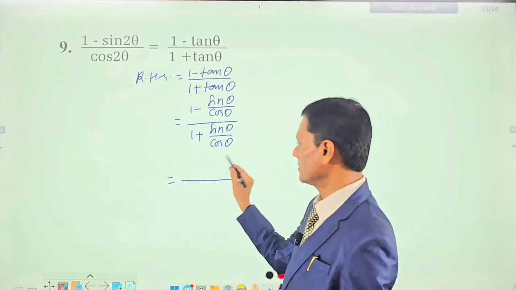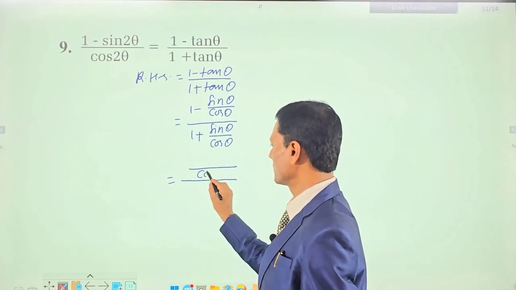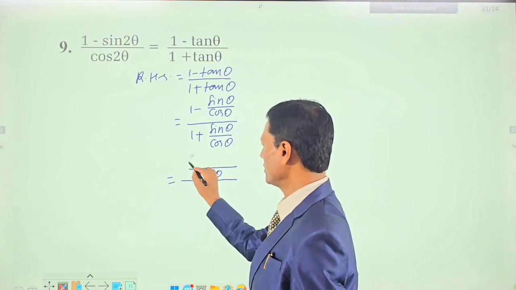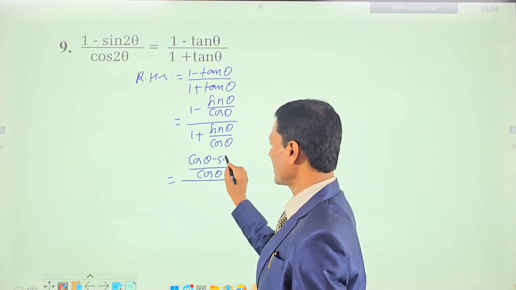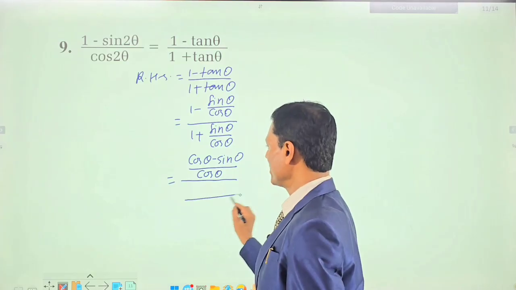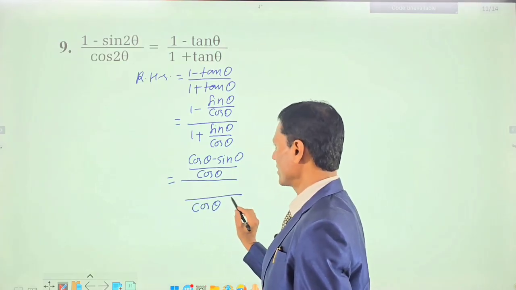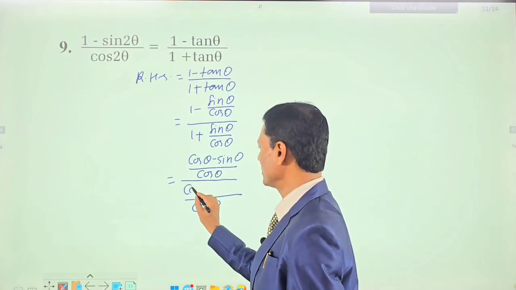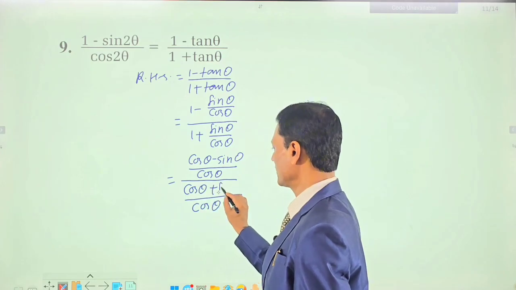Now take LCM. LCM is cos theta. So we can write cos theta minus sin theta, and at the denominator as well we can write cos theta, and then cos theta plus sin theta.